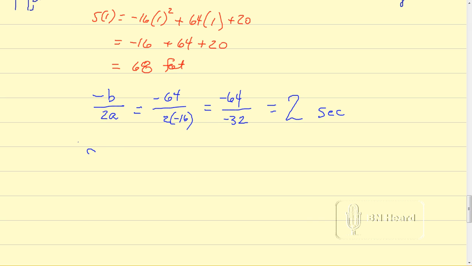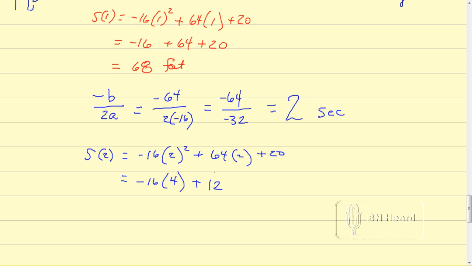So we would be finding S of 2, and that's equal to negative 16 times 2 squared plus 64 times 2 plus 20. So I would have negative 16 times 4. 64 times 2 is 128, plus 20.